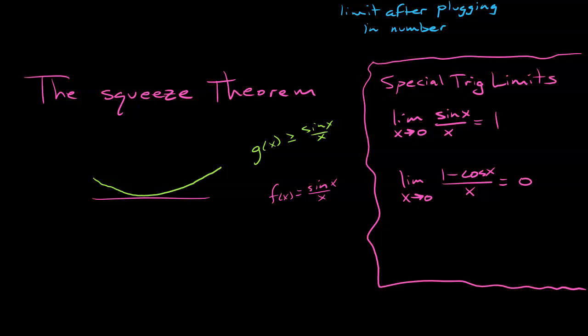And if I have an equation that is always below or the same as sine of x over x, you can think of sine of x over x always in between these other two.